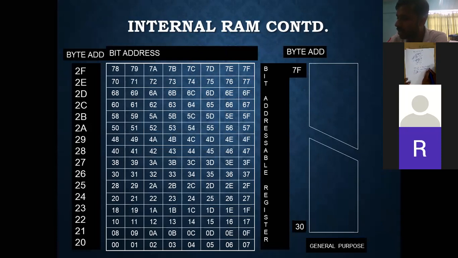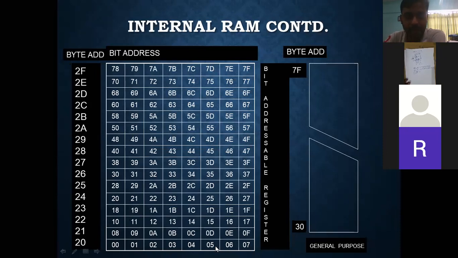You can look into the PPT also, starting from 20, it is going up to 2F. Clear? So 20 is the byte address and the bit addresses are like this. Inside this 20 hex byte address, there are 00, 01, 02, 03, 04, 05 like this. So 8 bits are there.